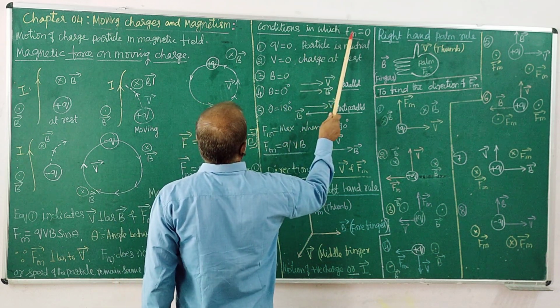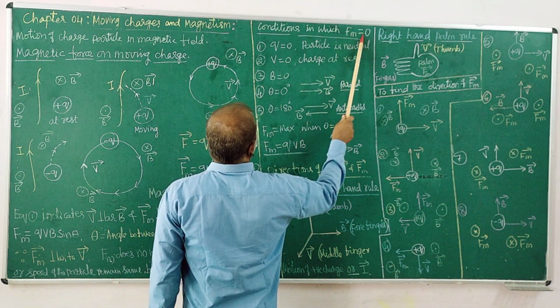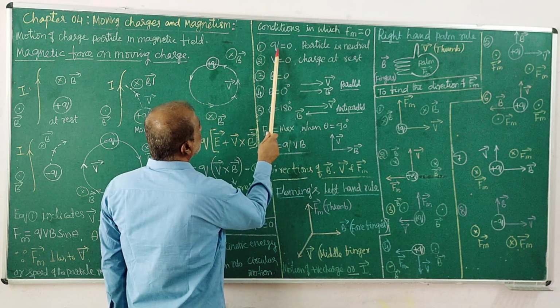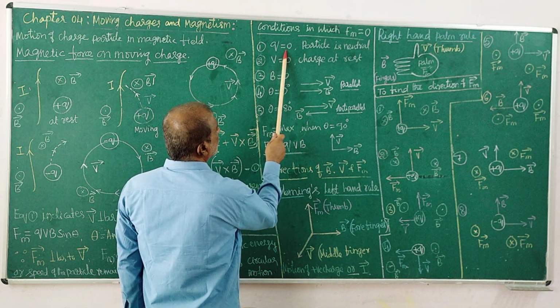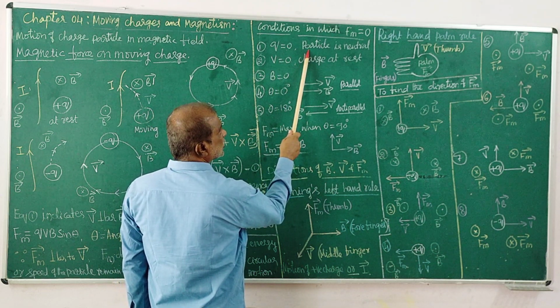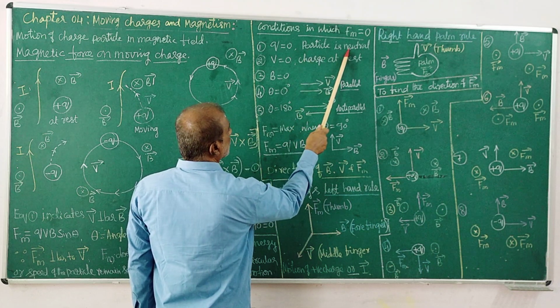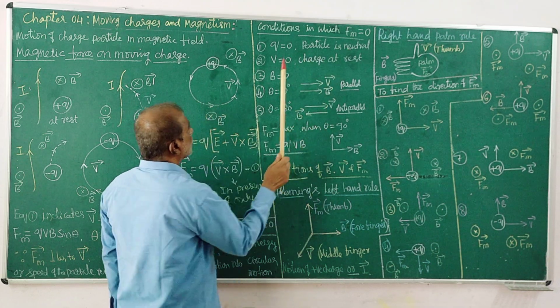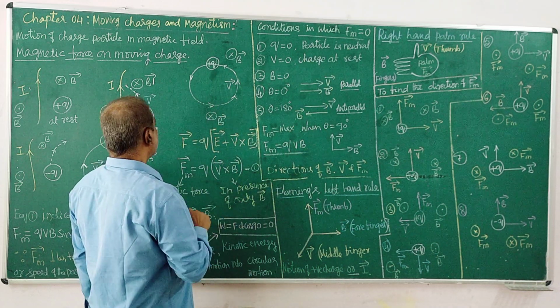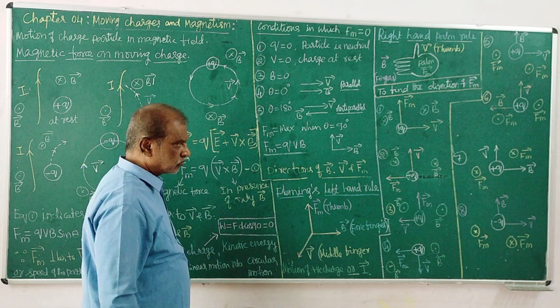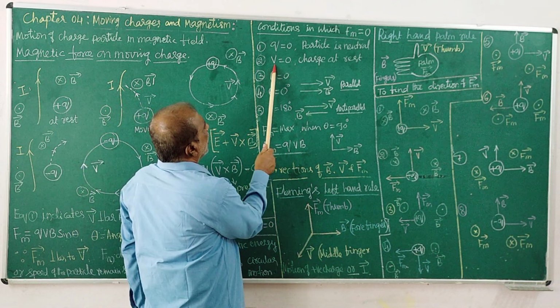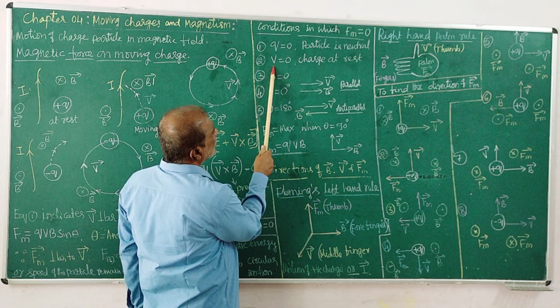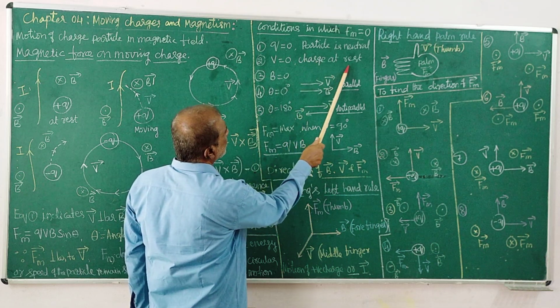Here the magnetic force becomes 0. When Q equals 0, what does it mean? The particle carries neither positive nor negative charge, it is neutral. If the particle is neutral, you cannot expect this kind of activity in a magnetic field. And also when the velocity is 0, the particle is at rest.